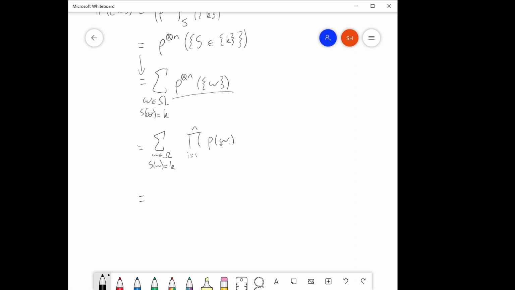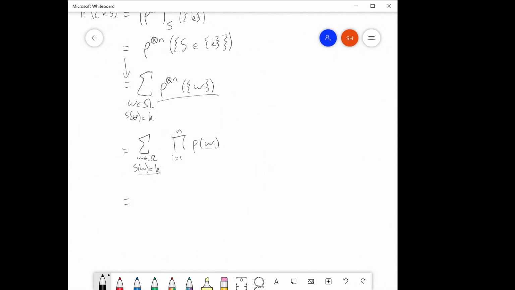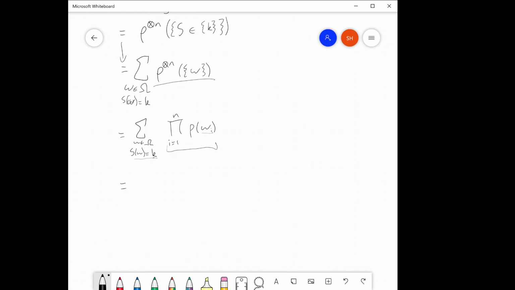But now, since S of omega is equal to k, we know exactly the composition of colors in here, because there have to be k_a copies of color a and k_b copies of color b, etc. So this part is actually fixed.